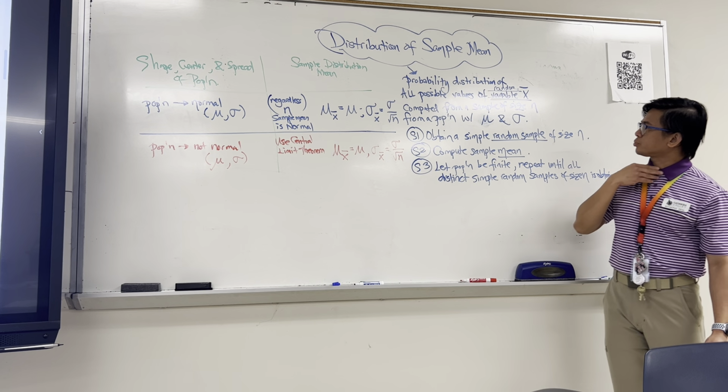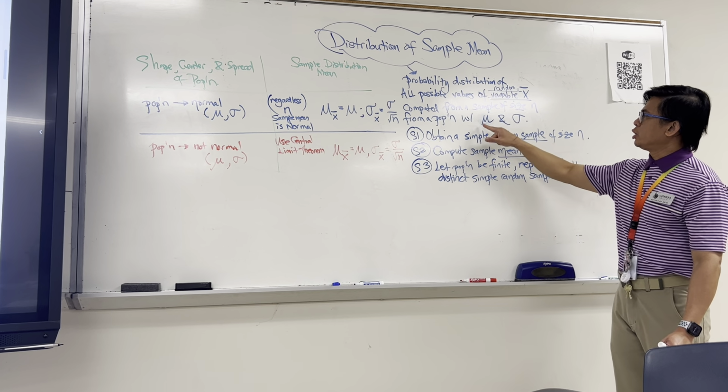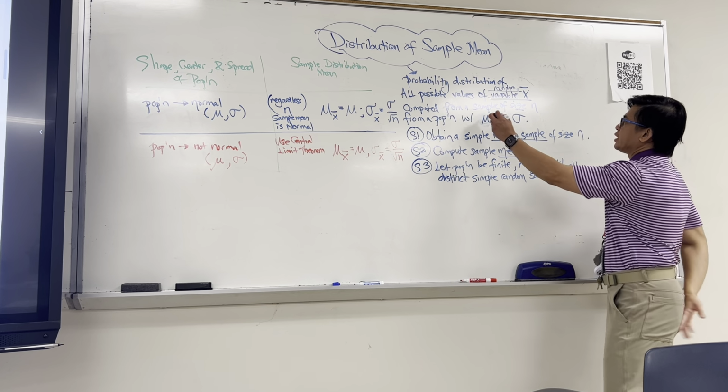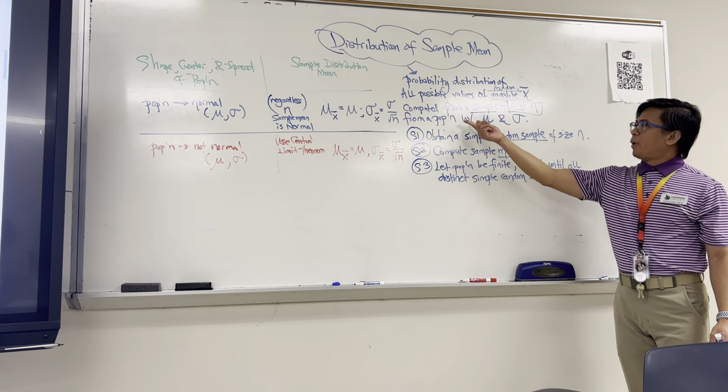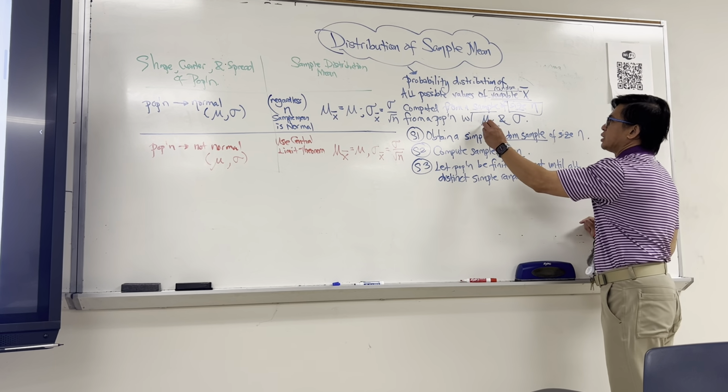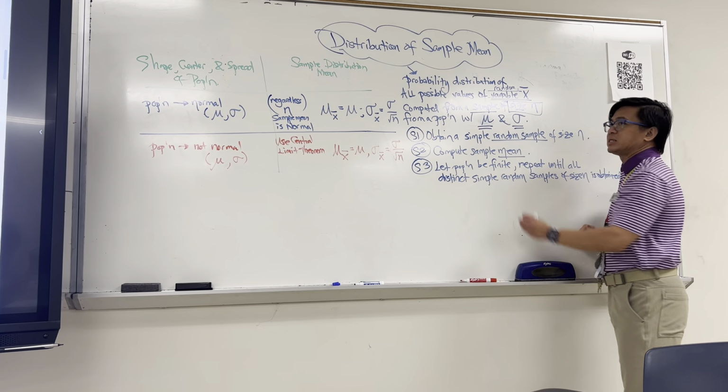Okay. Next one, as we may notice in here, definitely if we obtain a sample, it already has a size, right? So how many you took from the population? That is your number of respondents. Again, it should be randomly selected. That is your n or small n. The population already had its certain mu and sigma.